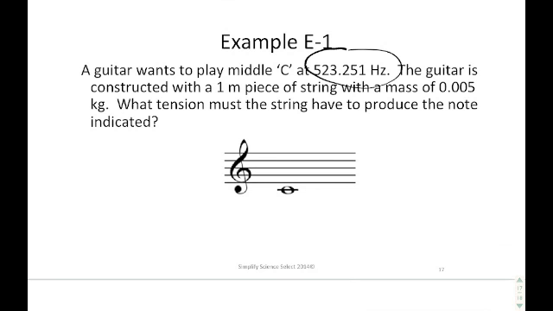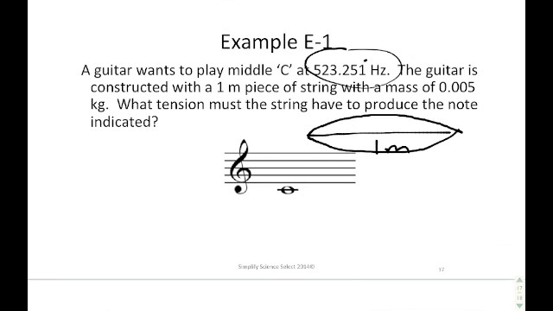So this requires a lot of information for us to know. The first thing is that we know that it is a 1 meter string. The second thing is that we know the frequency that's right there. If you remember the lab that we talked about in terms of harmonics, one harmonic, which is what you have here, equals half of a wavelength.